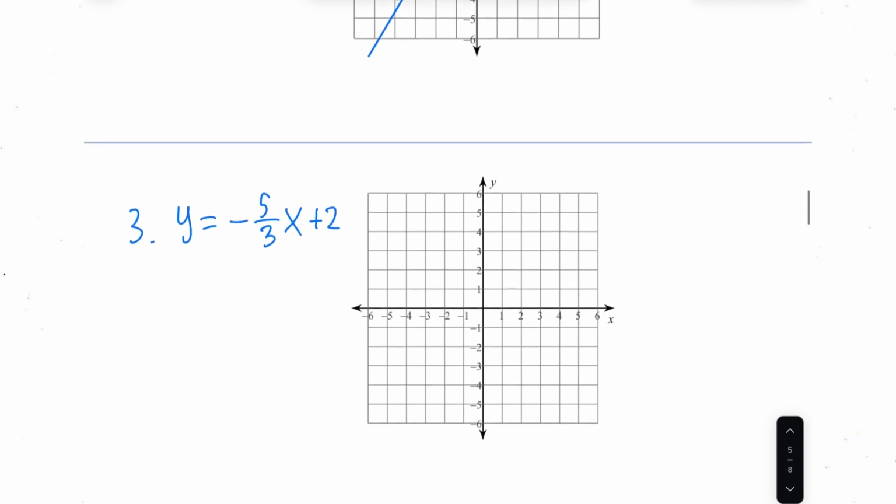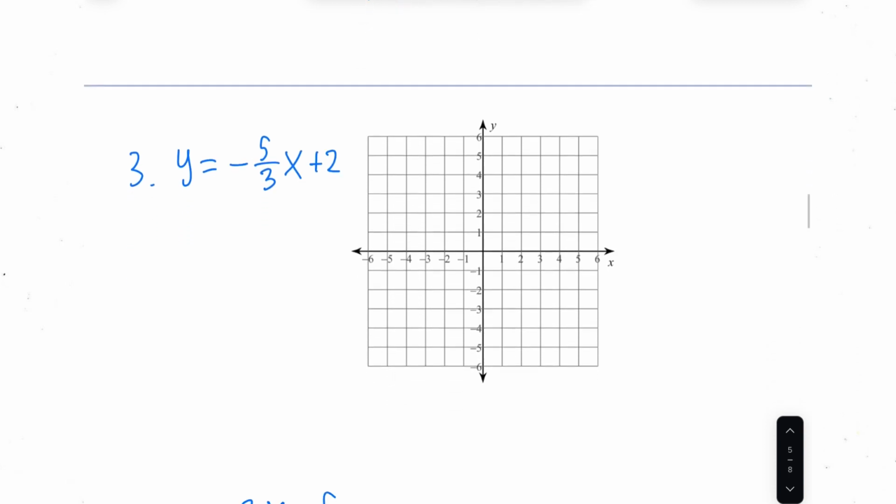So moving on to graph number 3. When you're working with a negative slope, all that means is that the rise, instead of meaning go up, now means going down. So if our rise is -5 and our run is 3, let's put down the intercept first. Our rise of -5 means instead of going up, we're going down.